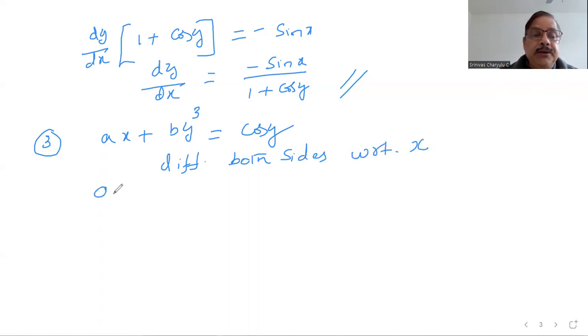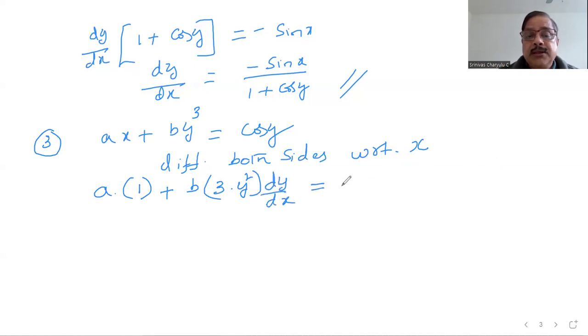So a into differentiation of x is called 1. b into y cube differentiation. Apply that formula: x to the power of n differentiation, n into x to the power of n minus 1. So 3 into y square. y differentiation we have to do here, dy by dx. cos y differentiation minus sin y, y differentiation dy by dx.